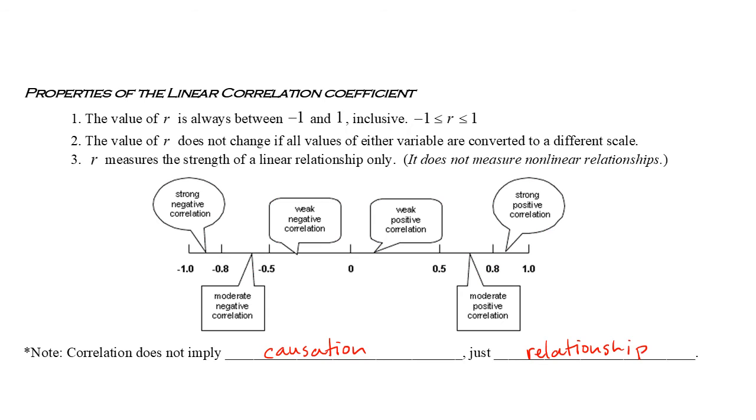Okay, and whether or not one variable causes the other variable to change or be affected in some way, that's something that has to be tested explicitly using very careful controlled experiments. But just observing a correlation does not imply that there is a causation relationship.